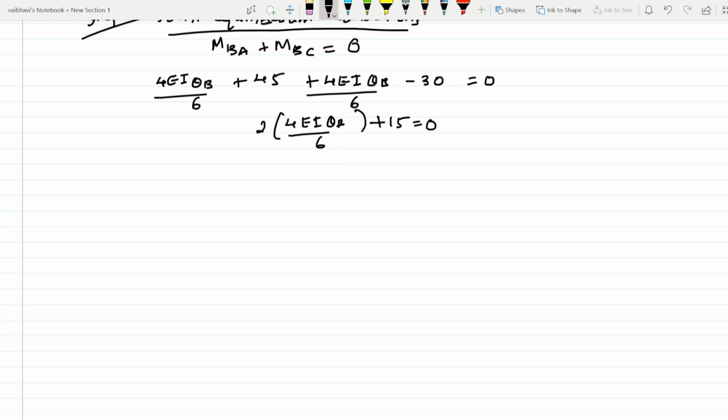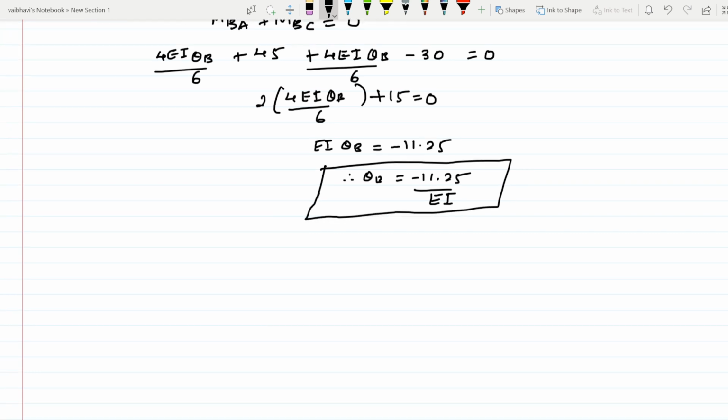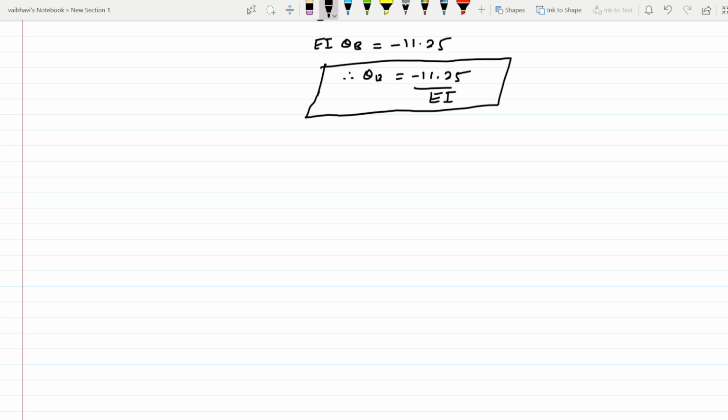Then EI theta B equal to minus 11.25 on simplification. Therefore, theta B equal to minus 11.25 by EI. So now we have got the unknown rotation value at joint B, theta B. Now next step is simple, just substitute the rotation value in the final moment. So fourth step, that is slope deflection equations, final moments.